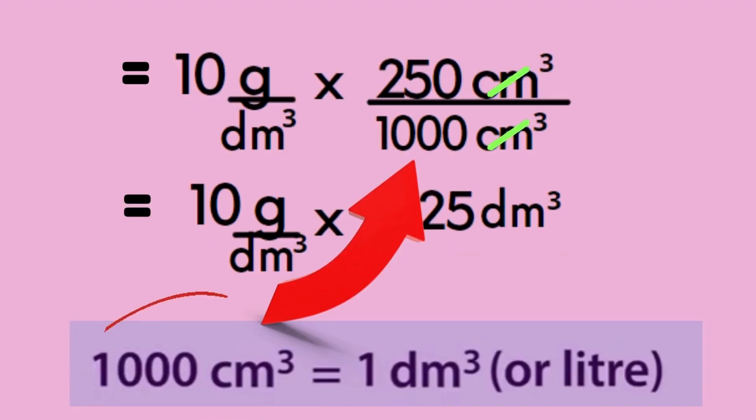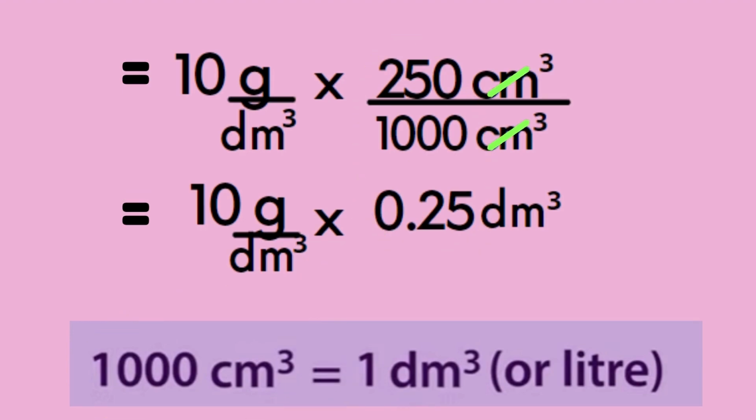Since ang unit ng given ay cubic centimeter, kailangan natin siyang i-convert para maging cubic decimeter na unit ni volume. Para magawa iyon, ang ilalagay sa denominator ay ang katulad na unit para makancel natin siya. Kapag nakakita ng parehas na unit sa numerator at denominator, iyon ay ating ikakancel.